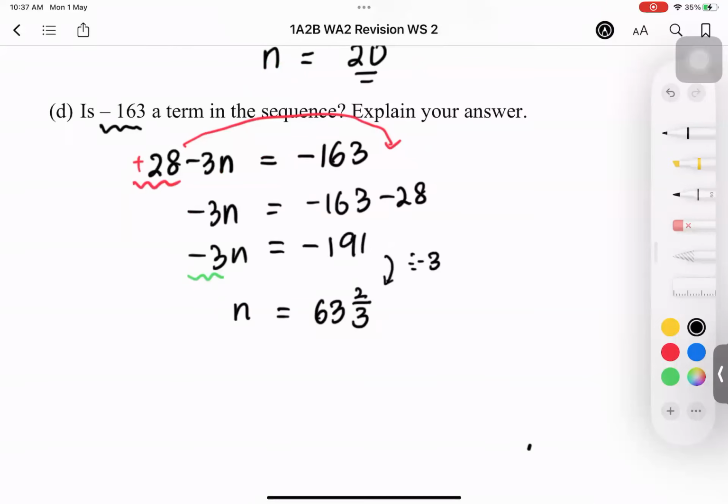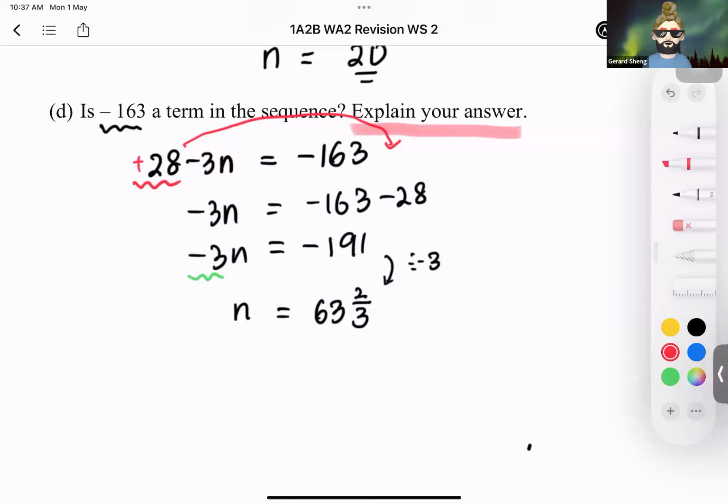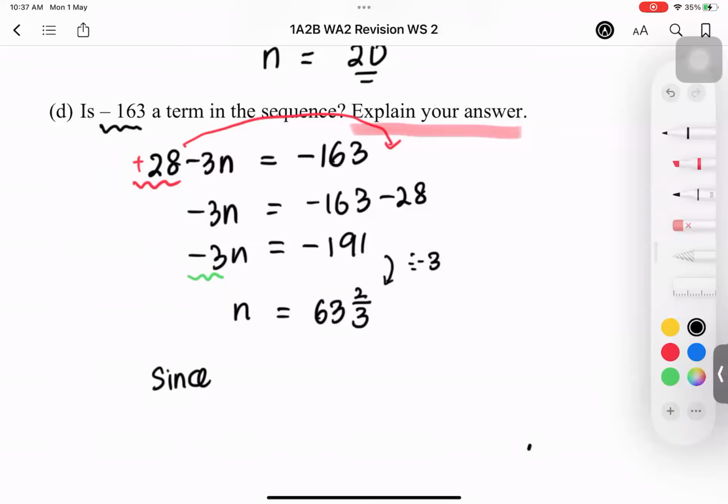So is this a term in the sequence? How do I explain my answer? No, it's not a term in our sequence. How do we explain the answer? Ian, what kind of number is this? Is this a whole number? Is this an integer? No, right?